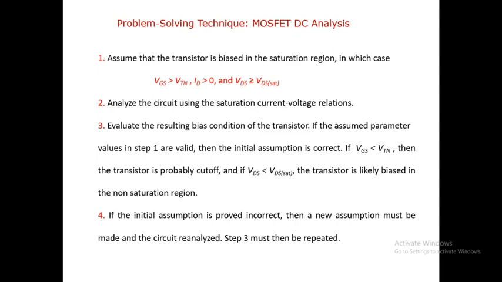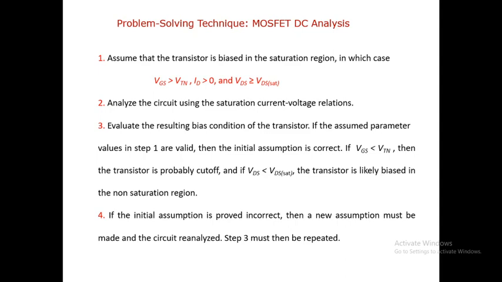If the assumed parameter values in step 1 are valid, meaning VDS is greater than VDS saturation, then the initial assumption that the MOSFET is operating in the saturation region is correct. But if VGS is less than VTN, then the transistor is probably in the cutoff region or in the non-saturation region.